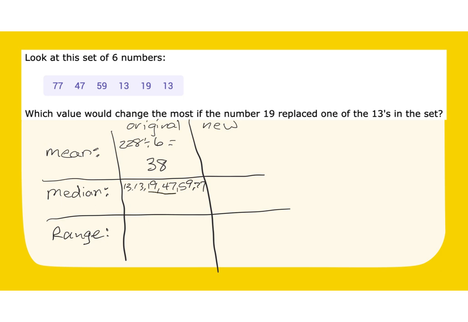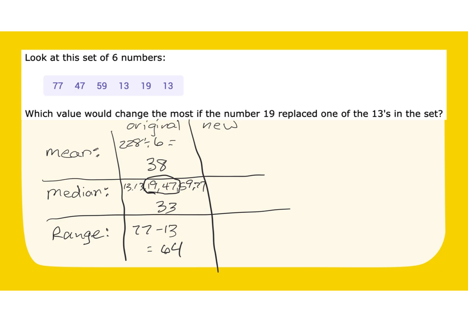I have 2 middle numbers. So I add those together and divide by 2, which gave me a median of 33. Our range, our top number is 77. We subtract off 13, which gives us a range of 64.